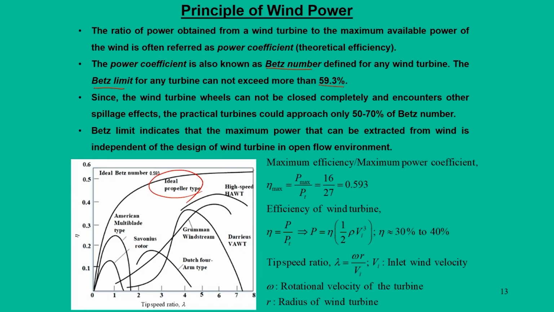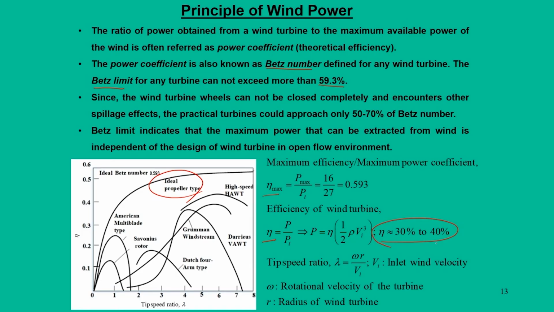Now, there are two efficiencies. One we have already explained as the maximum efficiency, but for any realistic turbine, we can write its efficiency as eta = P by Pt, and this efficiency normally ranges from 30 to 40%. Conventional wind turbines fall in this range.